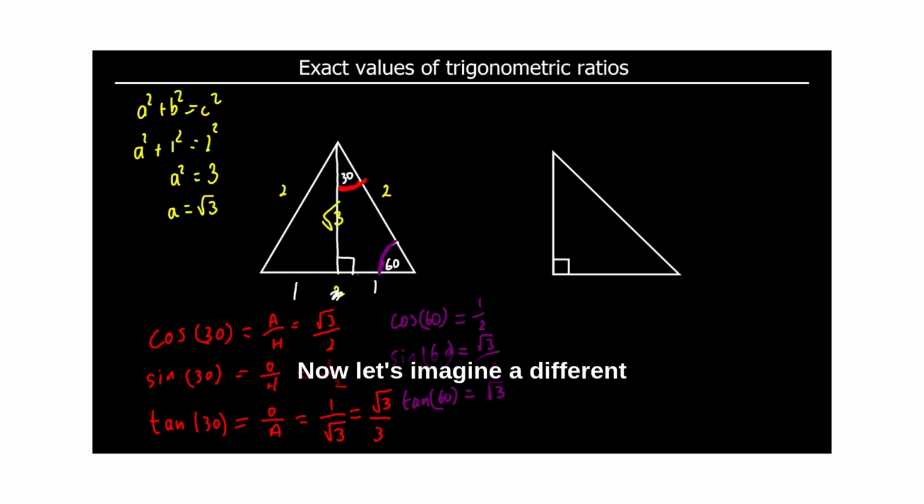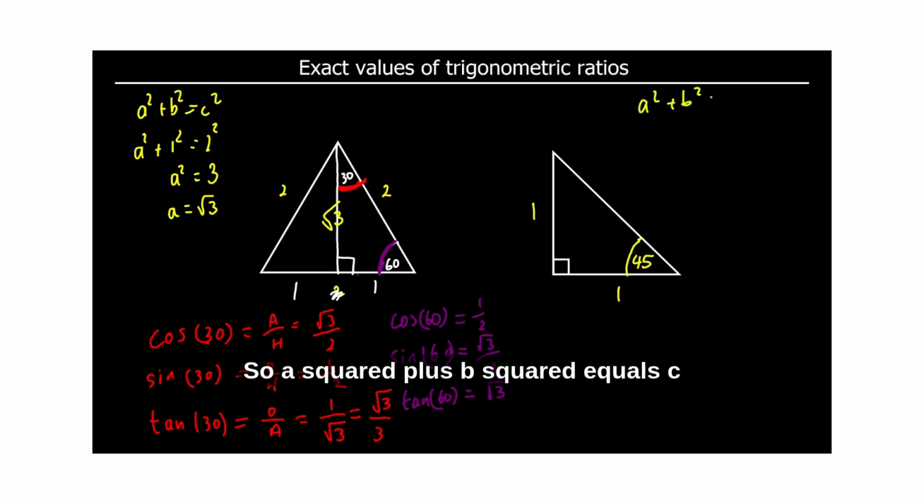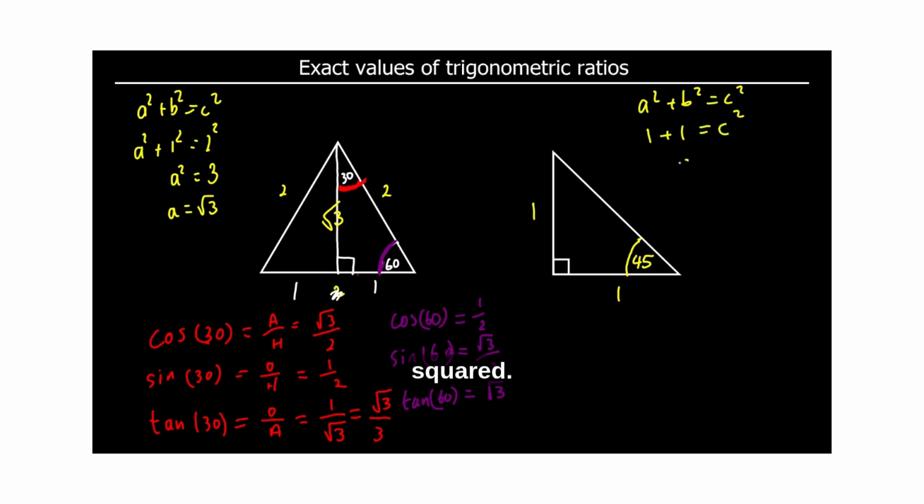Now let's imagine a different right angle triangle. Let's have 1, 1. So it's an isosceles this time, which means that we've got a 45-degree angle. And again, Pythagoras will tell us the hypotenuse. So a squared plus b squared equals c squared. 1 squared plus 1 squared equals c squared. So c squared is 2. C is square root 2.